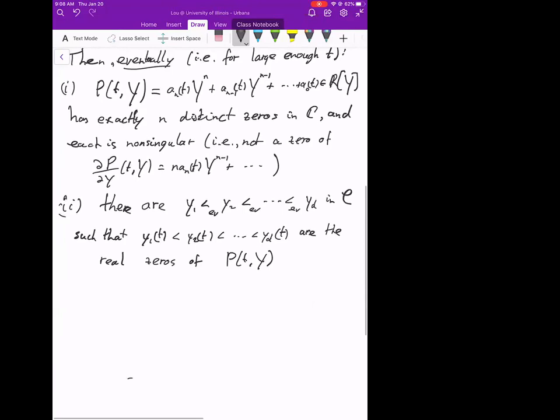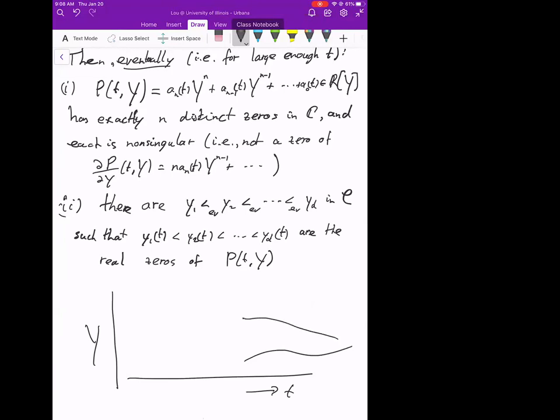So you have here the t axis, and here the y axis, and for sufficiently large t, you have these germs y_1, y_2, y_3 here that give you the zeros of the polynomial P(t,Y).